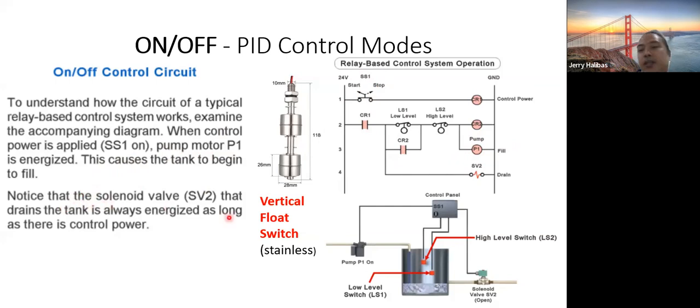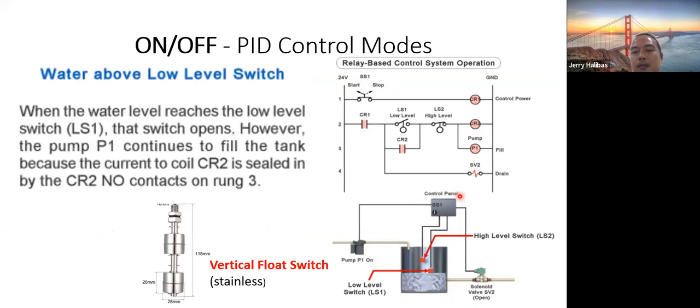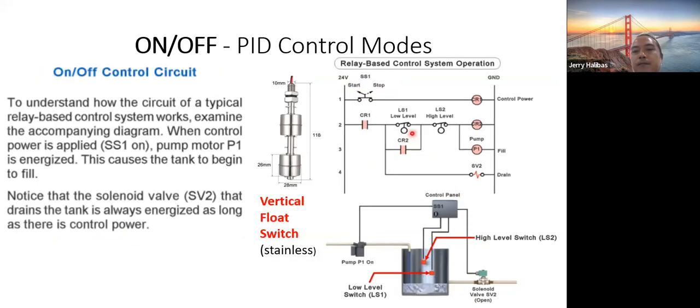Notice also that the solenoid valve, our final control element below, is always energized as long as there is control power, or as long as the selector switch is in the start position. You notice, by the way, the two float switches are normally closed. When the float rises, that's the time it opens.